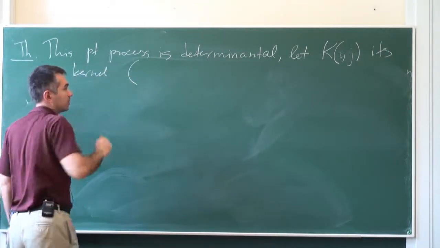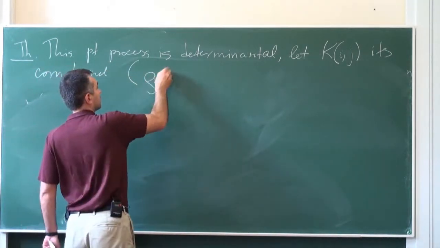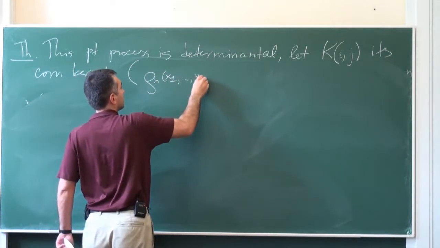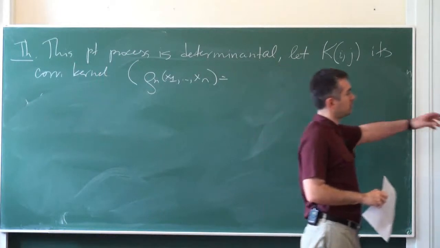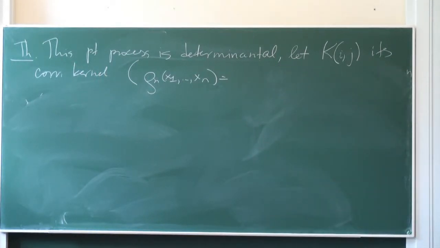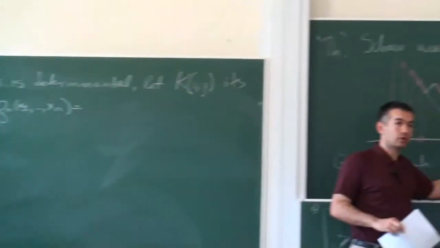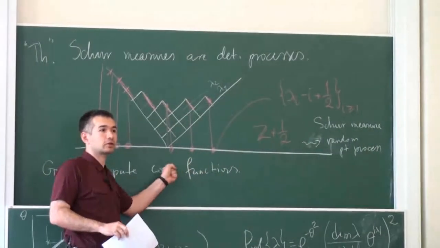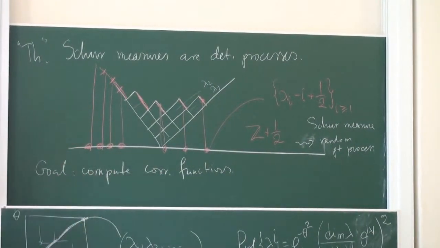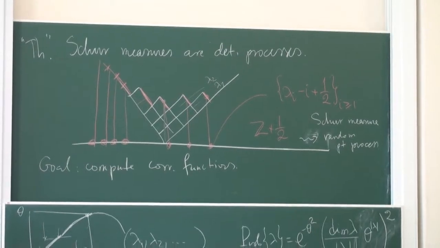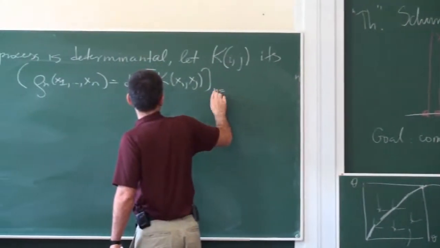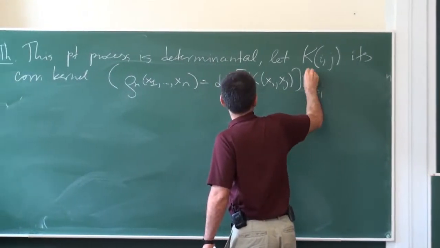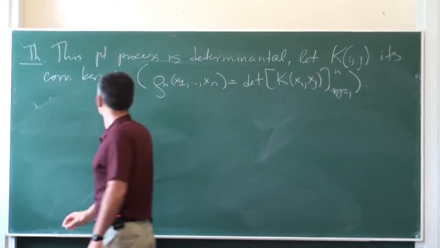So just a reminder, what does it mean? That means that if I compute the nth correlation function, which is the probability for this point configuration to have points at locations x1, x2, up to xn, then this is going to be given by a determinant of a matrix built out of the values of this kernel.